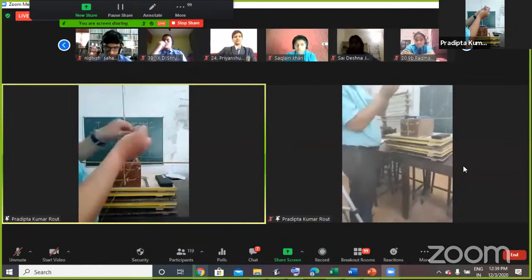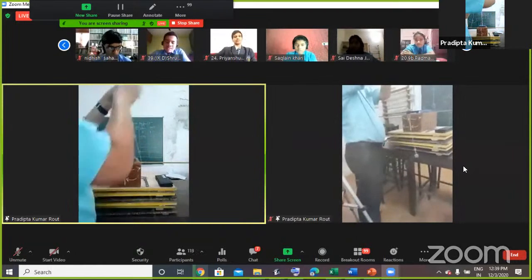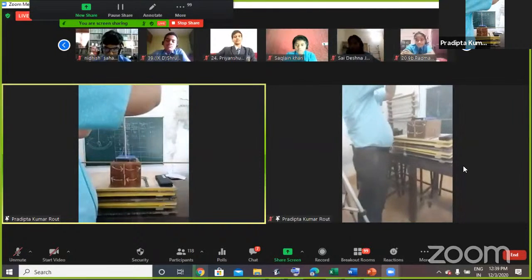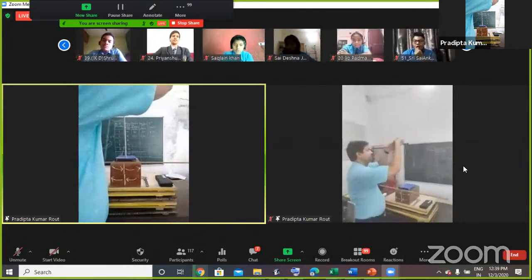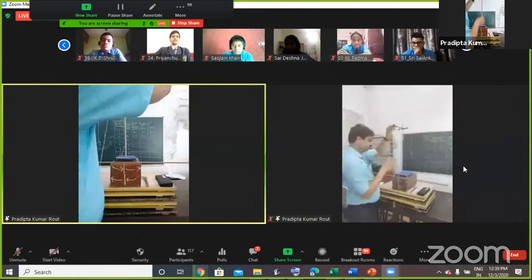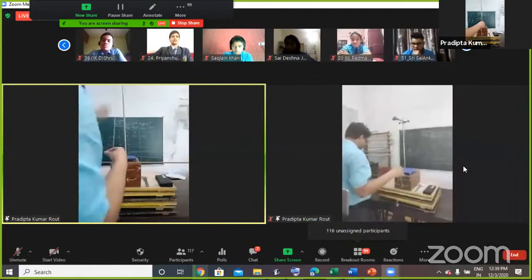So this is now fixed. So it is now 80 centimeter long, and this is now rigidly fixed in the stand.